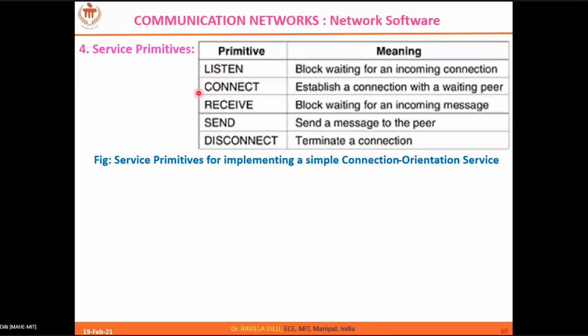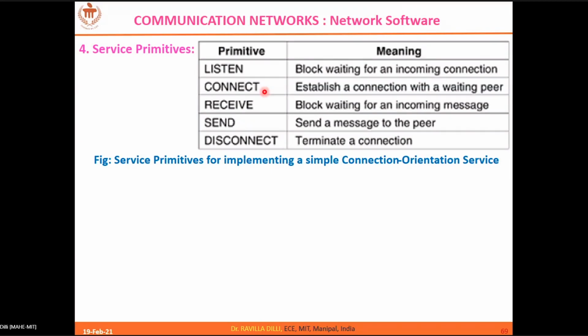Okay, so this connect primitive will be executed at the client end when you are making a request. Same way, when you are getting a reply, it also executes at the server end. Remember one thing: when you are establishing a connection, there are two things. One is from client to server, the forward connection, and from server to client there should also be a connection.